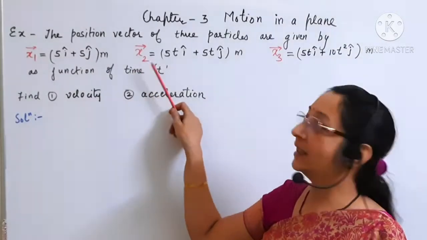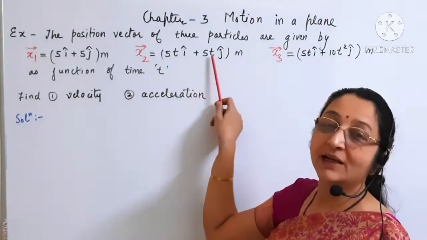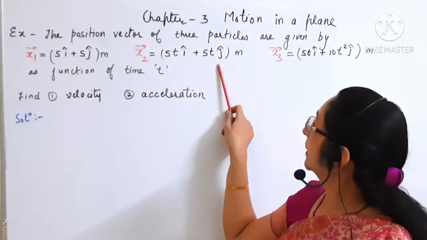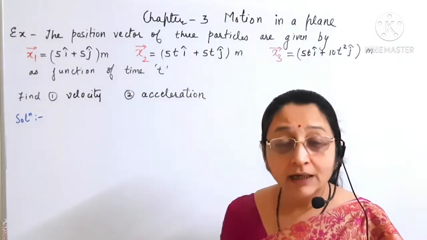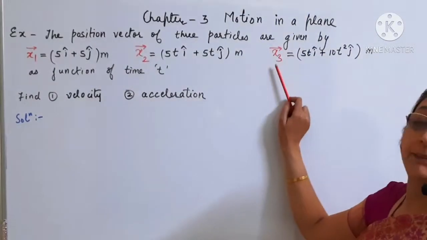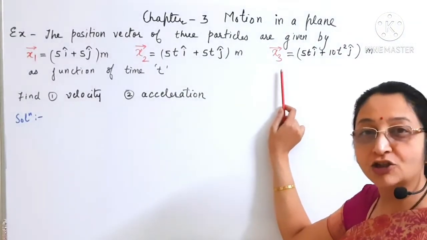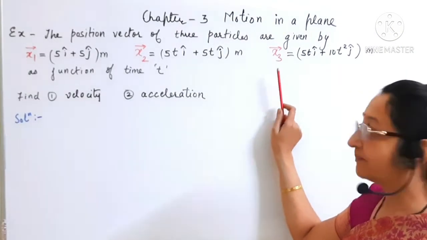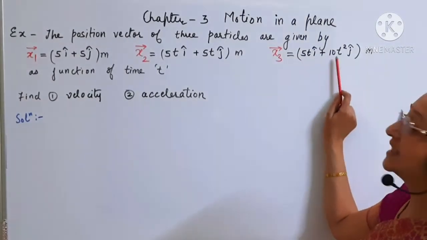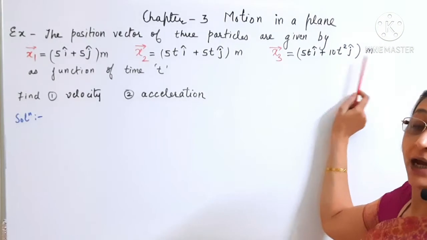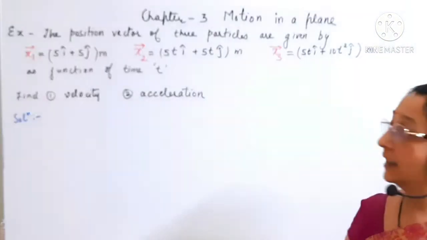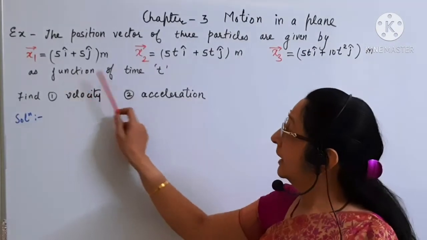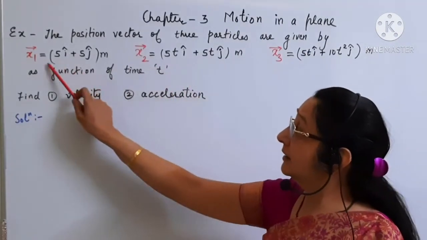The next particle is 5ti plus 5tj meters, the position vector of the second particle. And for the third particle x3, the position vector is given by 5ti plus 10t square j meters. And they are functions of time, that is, here it is x1 but it has no t.